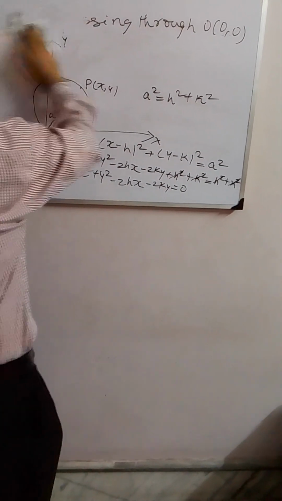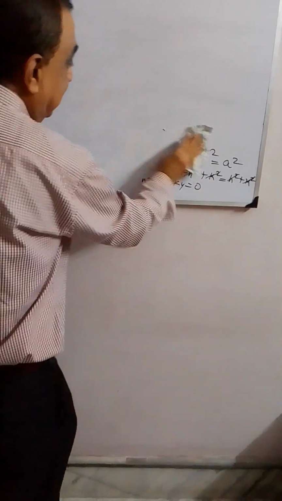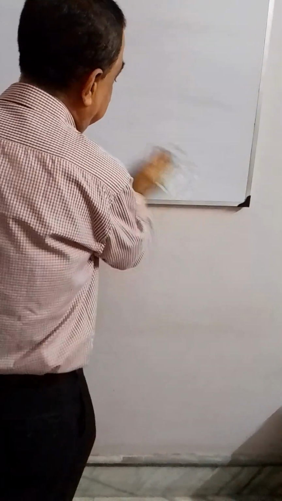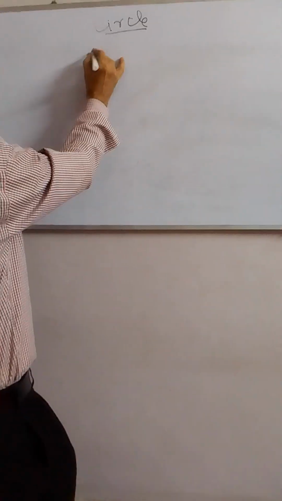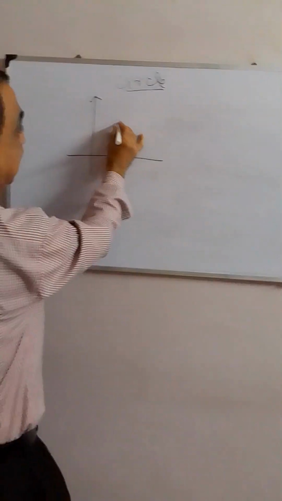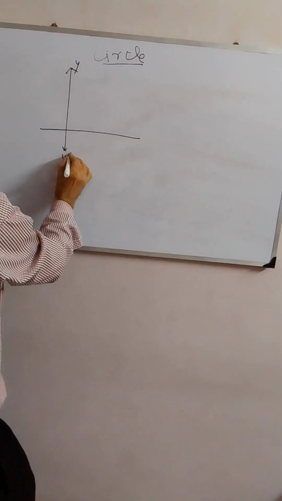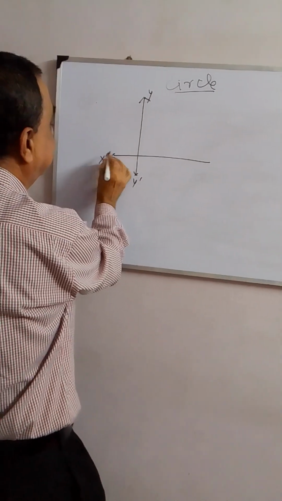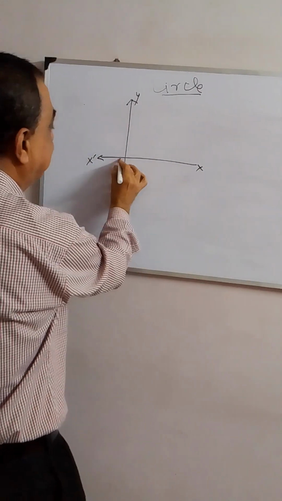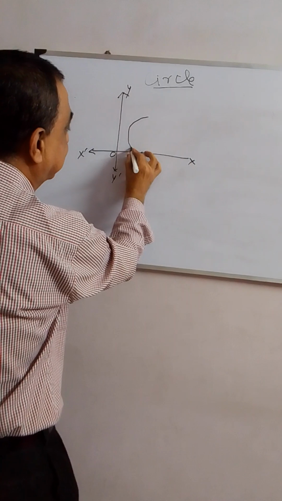Now the third case we are taking is when the circle is touching the x-axis. So this is the y-axis, y dash. This is the x-axis, x dash, x. This is the origin. Now the circle is touching the x-axis.